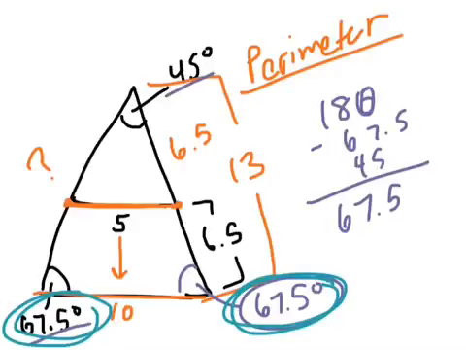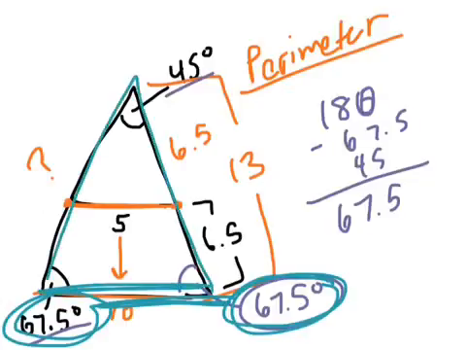The converse of the base angle theorem told us that on a triangle, if the 2 angles on the base, so we'll call this the base, are the same, then these 2 sides are also the same. So since those are the same, here and here, these are the same. And since this is 13, we also know this is 13.